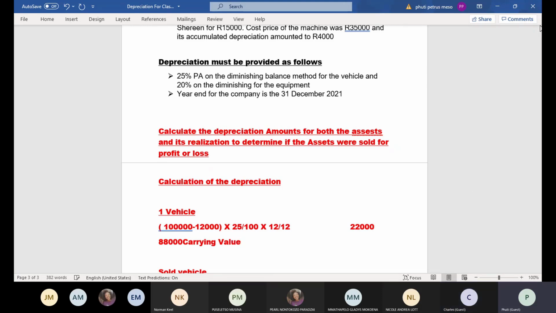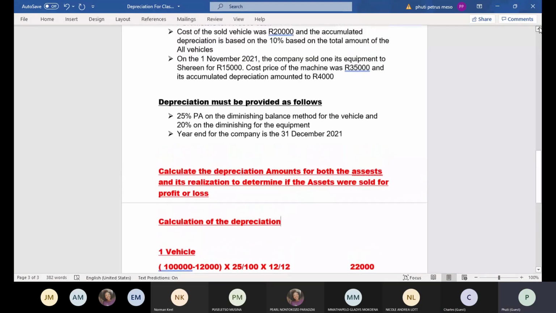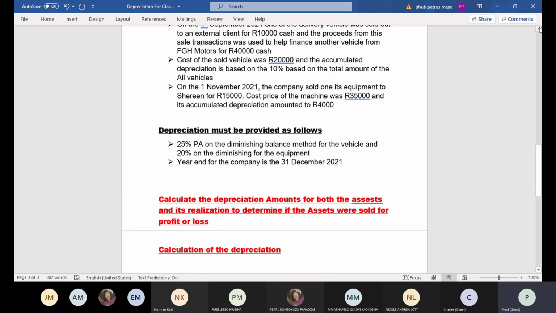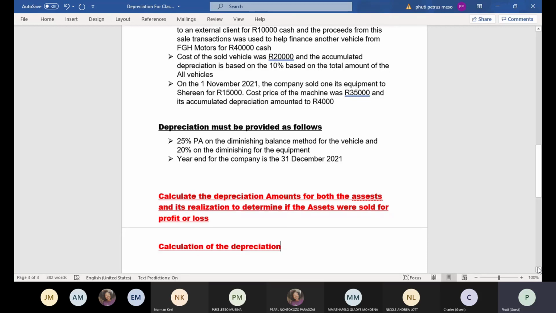Let's carry on. Let's have a look at the last item on the depreciation. It says on the 1st of November 2001, the company sold one of its equipment to Shireen for 15,000 rands. The cost price was 35,000 rand, and its accumulated depreciation is 4,000 rand. This one is given straight.